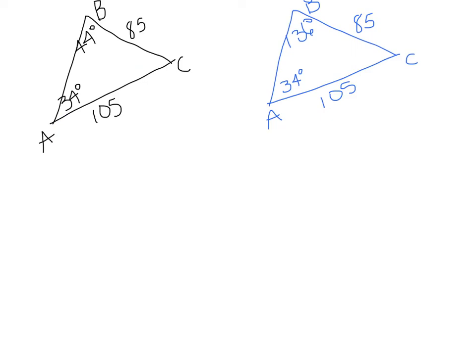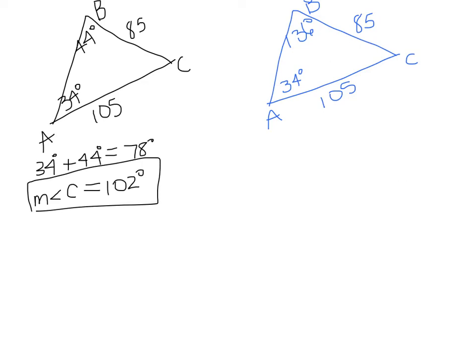So for the first triangle, since we have 34 plus 44, right now we have a total of 78 degrees. So since the angles of the triangle have to add up to 180, that would mean that angle C has to be 102 degrees. So now we have all the angles of a triangle, and all we're missing now is little c.